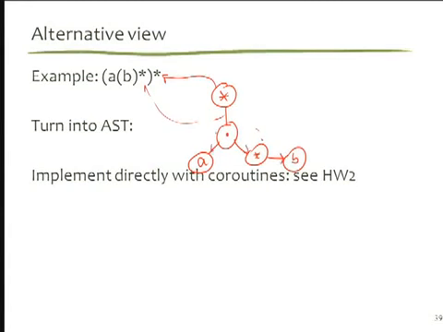Okay. Now, what do we do with the AST? We do with an AST things like translate the code or interpret it directly on the AST. So how would we implement it with coroutines? If you remember homework 2, which was optional, but we'll get to it before the exam, homework 2 showed you an implementation of coroutines essentially by giving you 3 library calls, or maybe 4, with which you can implement regular expressions.